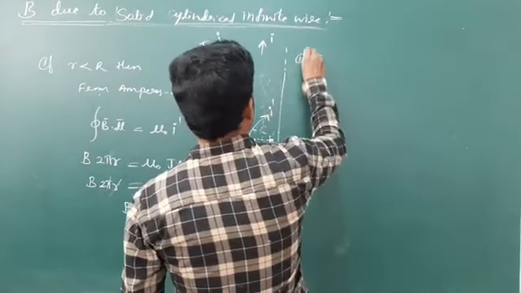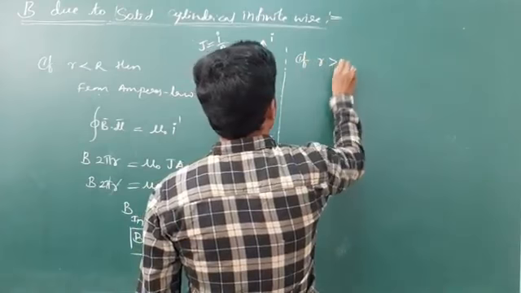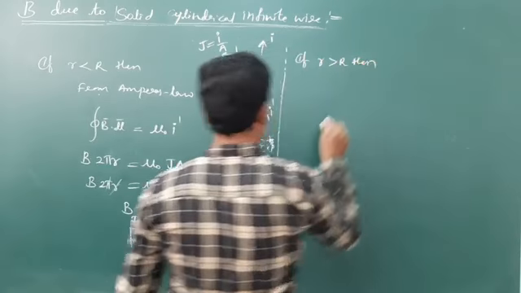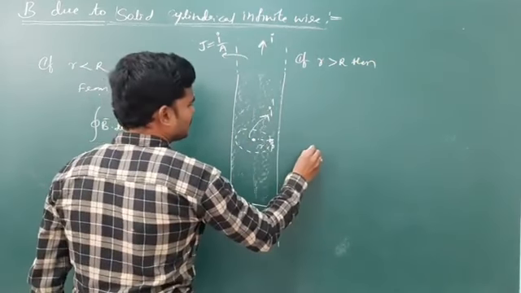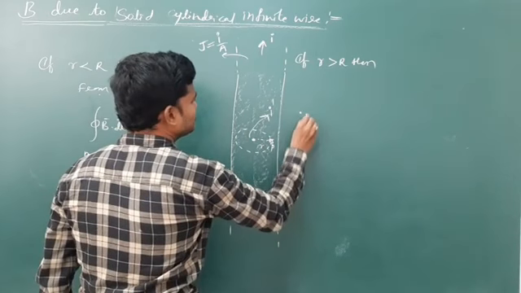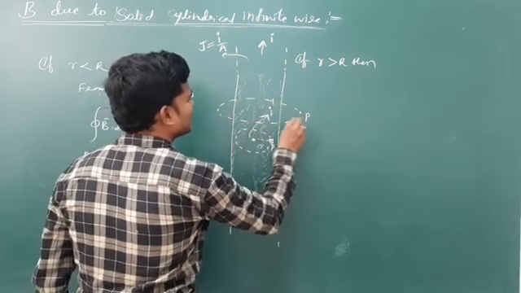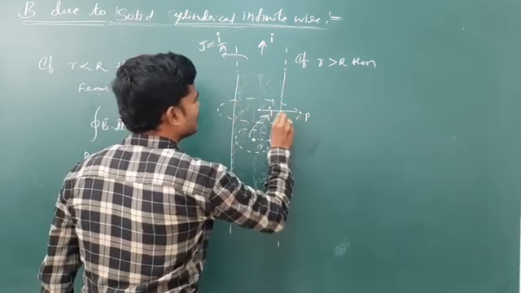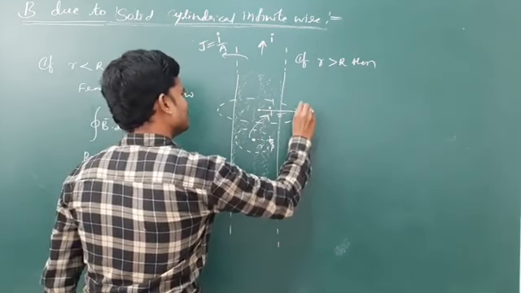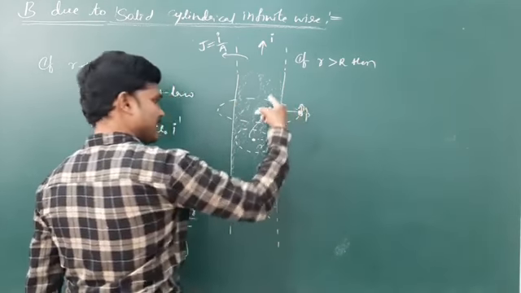And let me find for r greater than R, if the point P is outside. Okay, if the point P is somewhere, let me draw here. So dl direction and B direction are parallel.